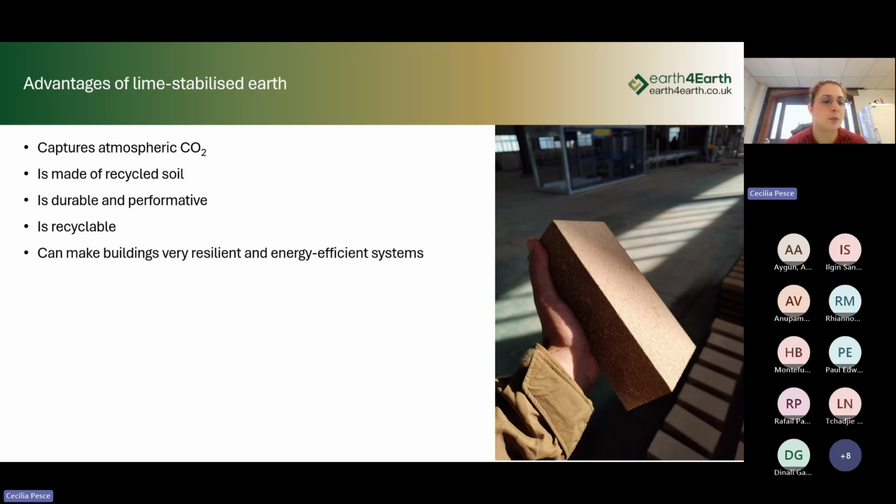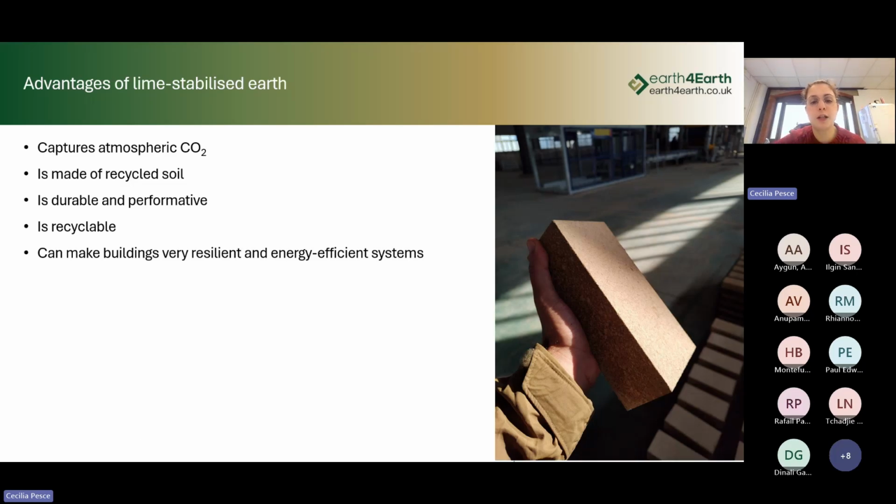They are just as durable and performative as clay-fired bricks. They are recyclable, and raw earth architecture in general, not only our bricks, is very resilient and very energy efficient, which is quite advantageous.